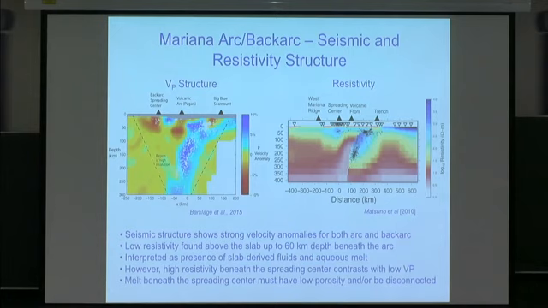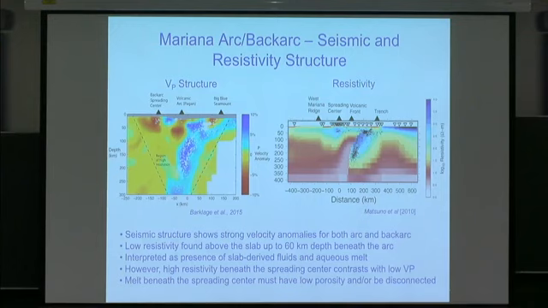This is an interesting case from the Mariana Arc, where we have both P-velocity tomography, and I already showed the upper part of this image, and we also have a resistivity image from an ocean bottom MT survey.